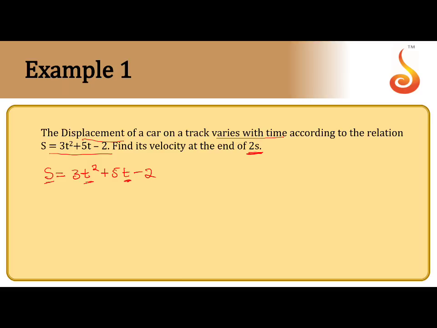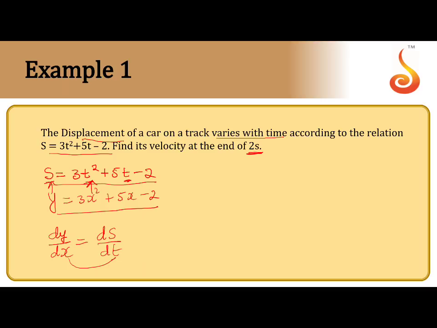I can replace s as y, 3x square, 5x minus 2. So the given equation resembles this. Wherever x is there, they have given t. Wherever y is there, they have given s. So instead of writing dy by dx, I will write it as ds divided by dt. x is replaced with t, y is replaced with s.